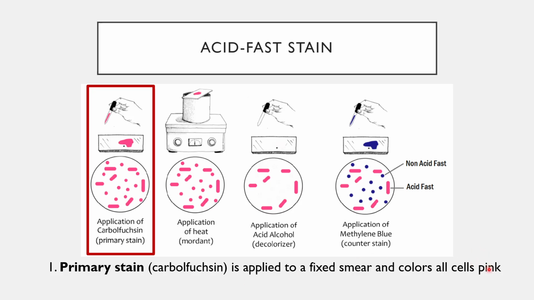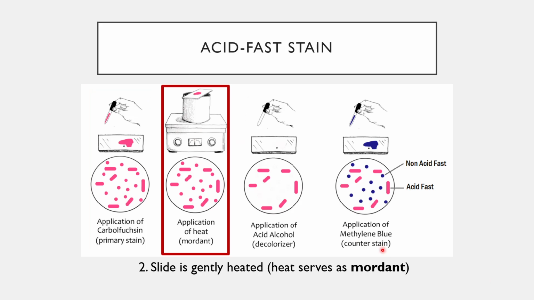Then, the slide is gently heated over a beaker full of hot water, and the heat serves as the mordant. So in the Gram stain, we saw that the chemical compound iodine served as the mordant, but in this case, it's the heat. So why would heat be an appropriate mordant in this case?